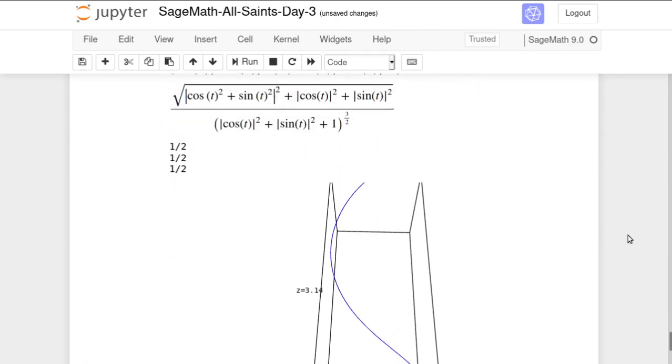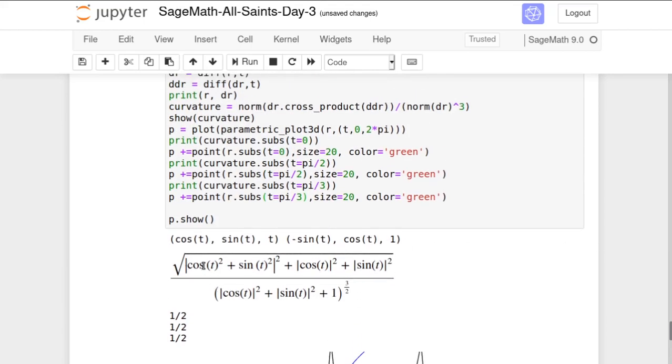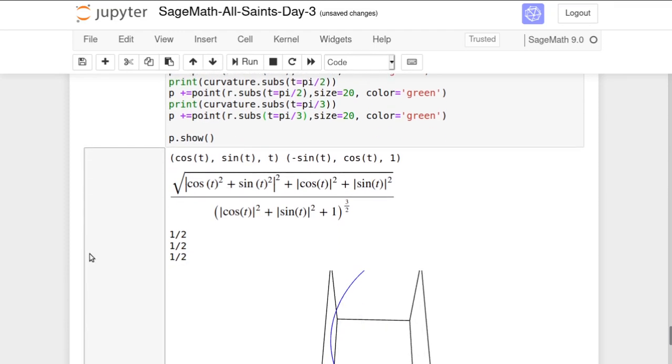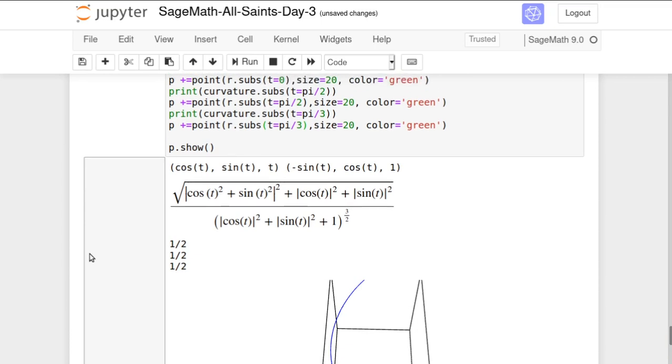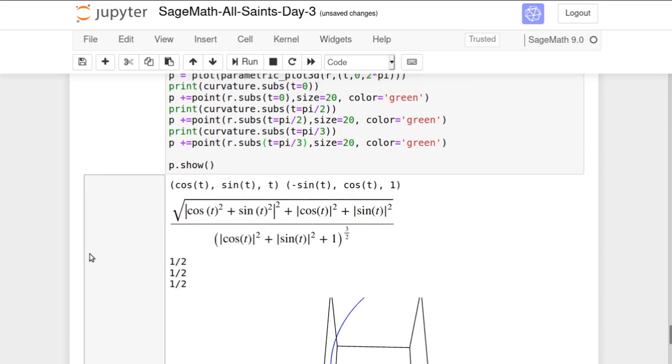So now the question is, at each and every point, t equal to pi by 2, t equal to 0, t equal to pi by 3, everywhere we are getting the curvature to be equal to 1, right? But why is it like that? Is the curvature a constant for this curve? What do you think?